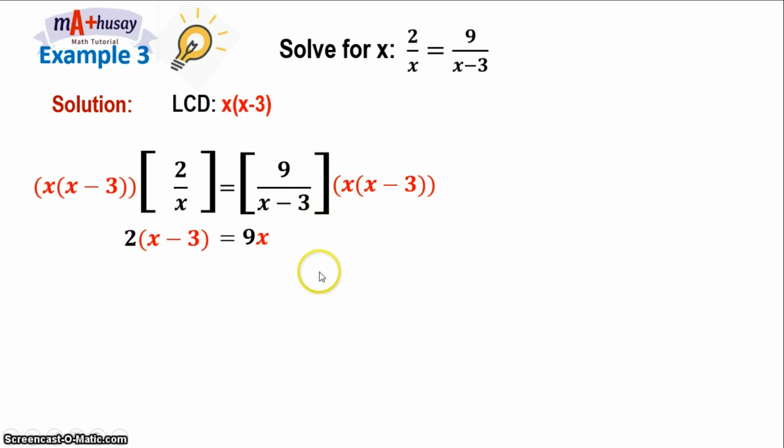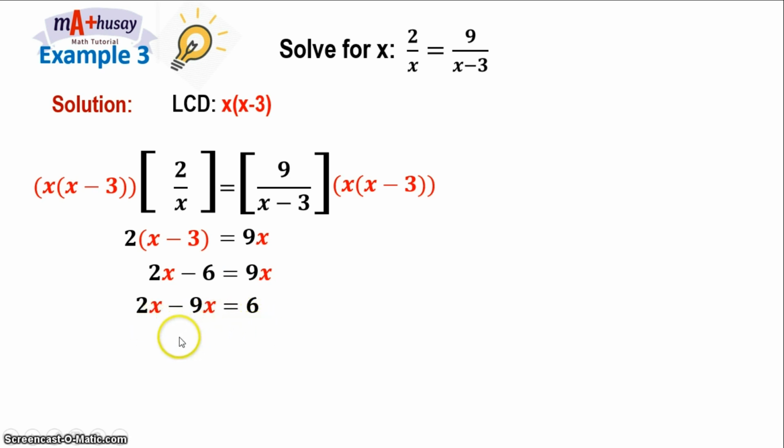So, going back, isi-simplify natin ang left side of the equation. So, 2 times x is 2x and 2 times the negative 3 is negative 6 equals 9x. So, we will combine like terms. We have 2x minus 9x equals 6.